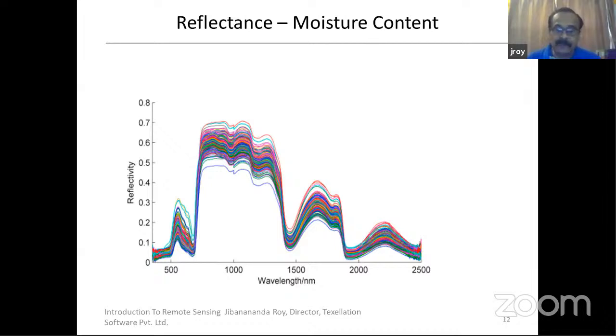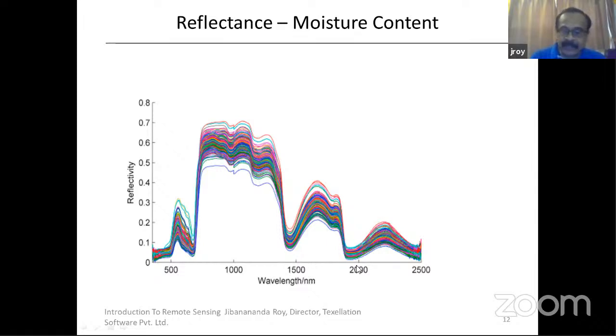This particular graph shows the wavelength versus reflectivity for different moisture densities. As you can see, the moisture effect is high between the near infrared and middle infrared, because it starts at about 700, and 1000 is actually the near infrared. The mid infrared goes up to about 1200.